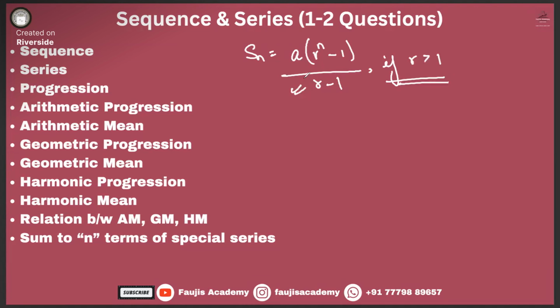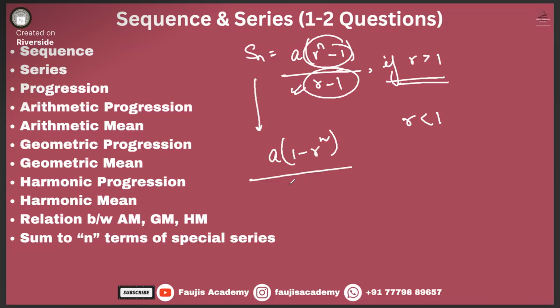And if R is less than 1, just flip this, and flip this as well: A into 1 minus R to the power n, divided by 1 minus R.